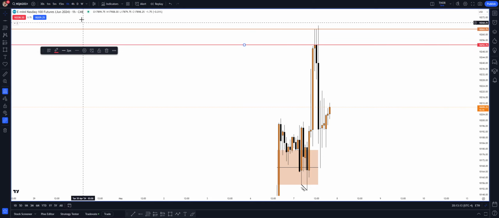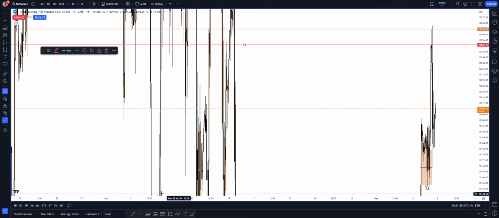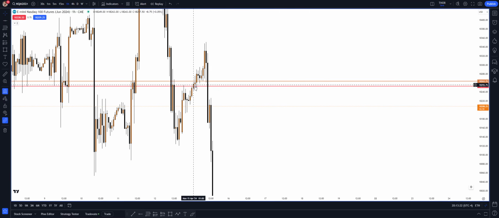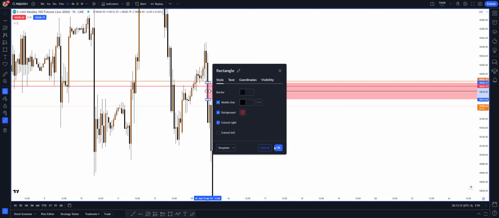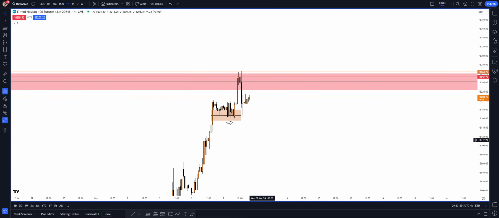Something's going on there. So let me zoom out a little bit. That's too much. So first things first, we have a fair value gap there. Let's see what it's doing. Oh, that's very algorithmic.